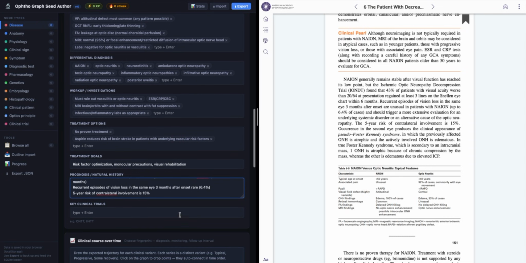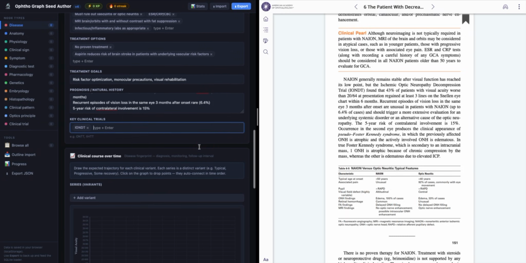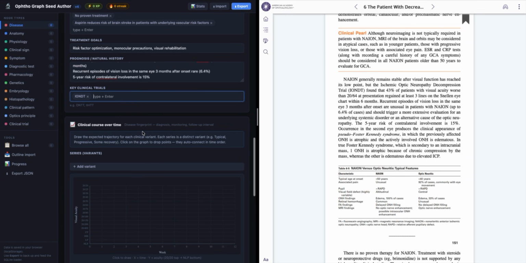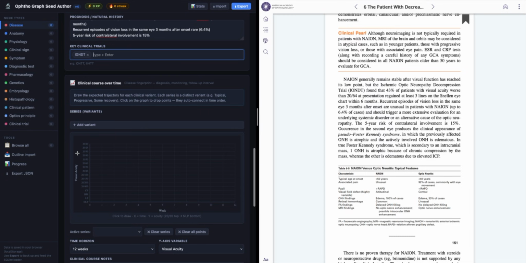Okay. So key clinical trials, in this case it's the IONDT. There are several other studies that we can always include, and we can add to those as we read more about it.